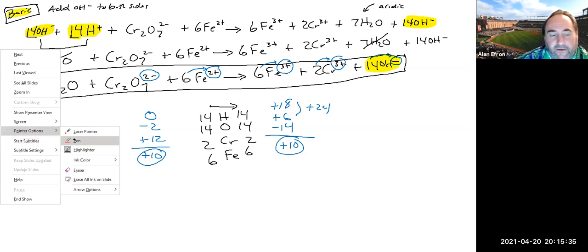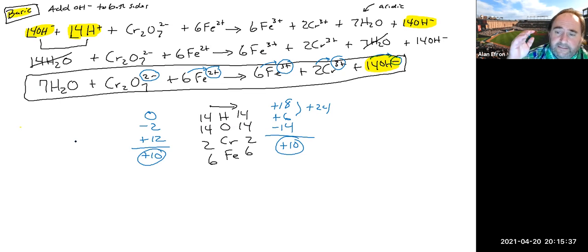Questions on how to go from acidic to basic? Although it may not seem like it, this is the easier way to go from acidic to basic. You actually could add the waters and all that kind of stuff, or the hydroxides early on. It's a lot more canceling out and stuff like that, so it gets a little bit more confusing.